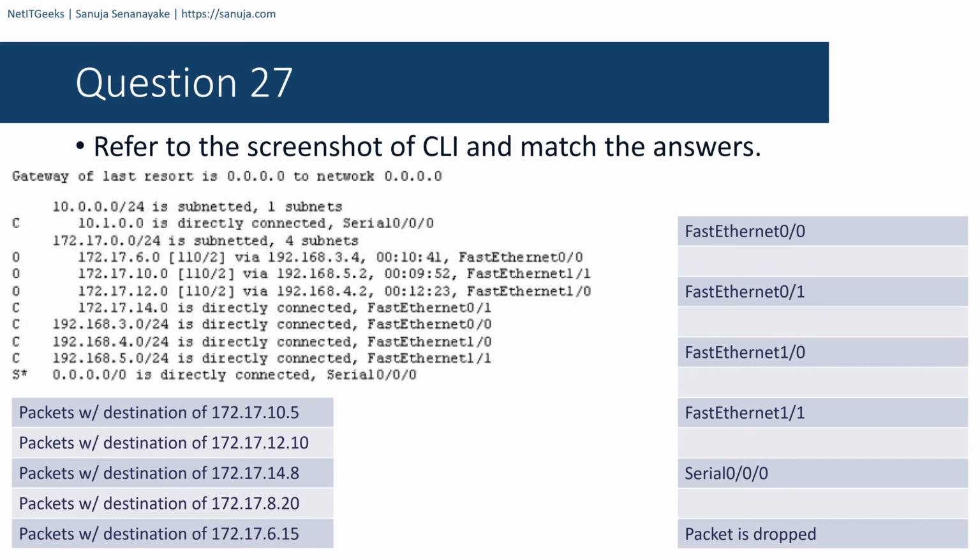Question number 27, we are looking at another CLI, or configuration screenshot, from a Cisco device, and we're going to answer questions based on that. I'll give you a little bit of time to look at it. It's on the top left-hand corner, and we have a gateway of last resort set to zeros with the network 0 all, and we have a bunch of information appearing here.